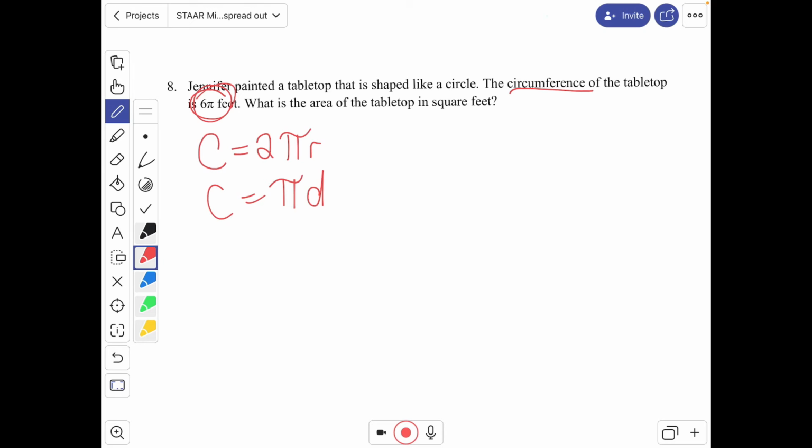So if circumference equals 6 times pi, what do you think the 6 is? Yes, the 6 is the diameter.